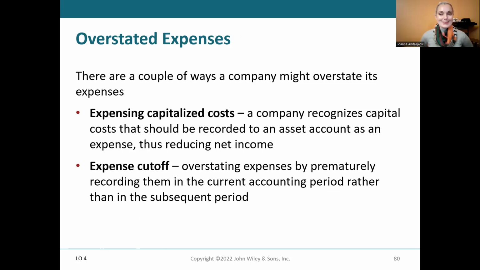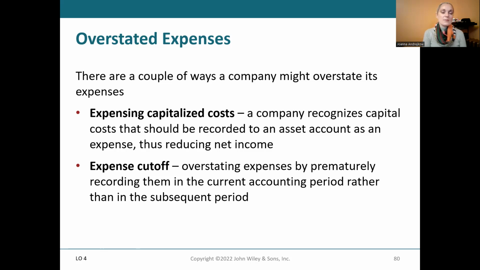Another way to understate a business's performance is to overstate expenses. So there are a couple of ways companies might overstate their expenses. They might expense capitalized costs. So rather than taking that equipment and capitalizing it and then amortizing it over the years, they might take the equipment as an operating expense and incur the whole cost in the current year.